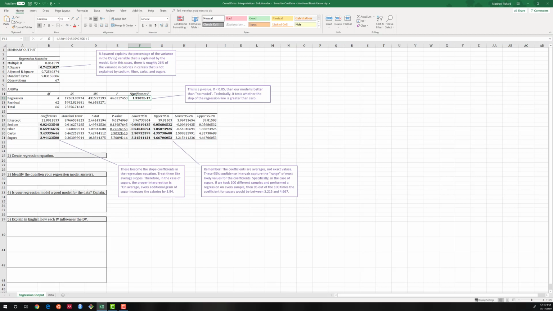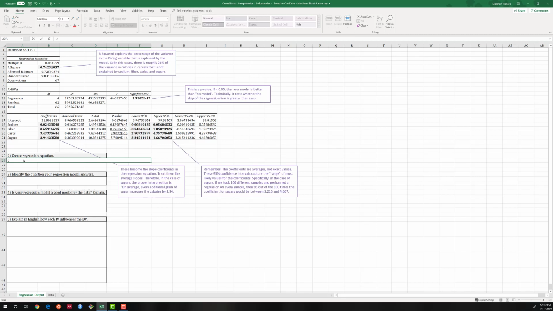Once we decide that our model is statistically significant, that it's better than no model at all, and that we're explaining a fair amount of the variation in the dependent variable, then we can come down and interpret these coefficients. So these are the slope coefficients in our equation. And we could actually write the equation out.